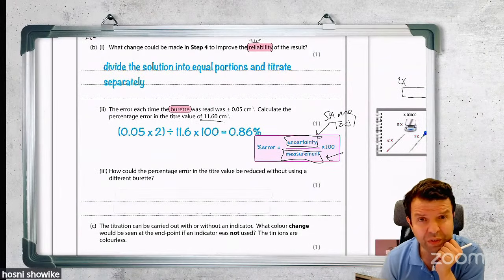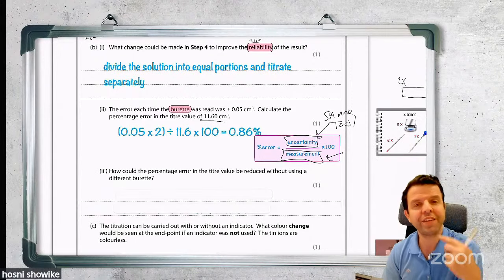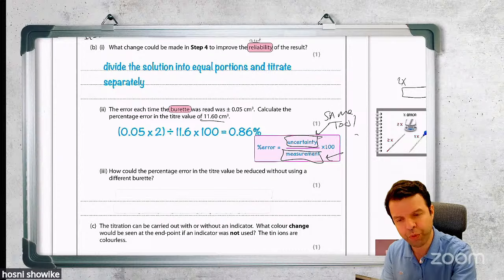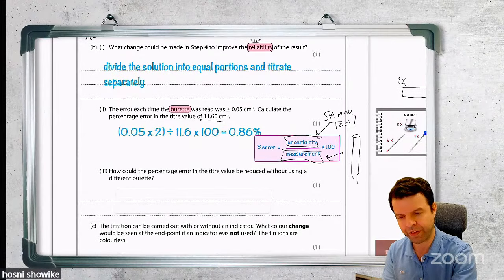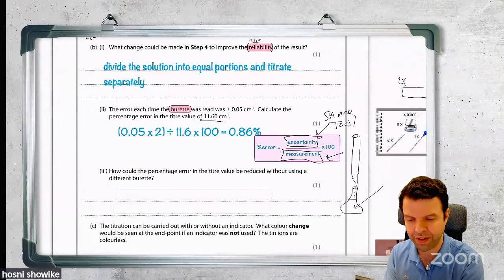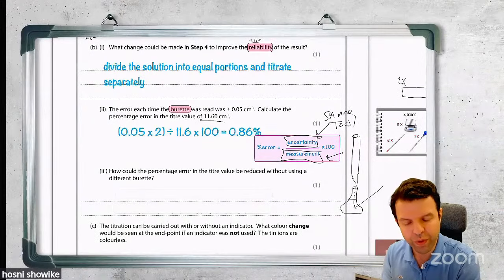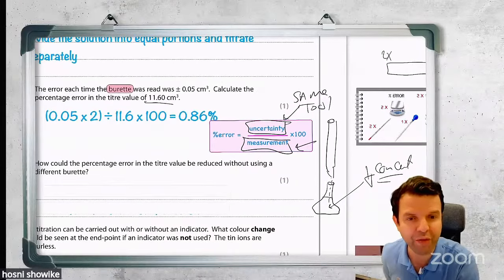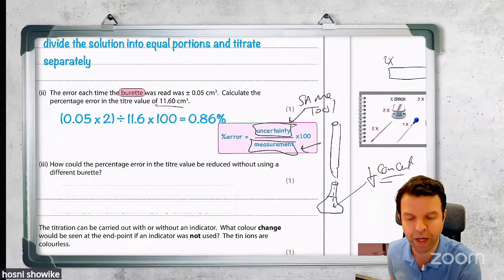How do I increase the volume? It's not me who decides how much volume I'm using in the burette. Look, if this was your burette here, and this is my solution, the one I'm titrating, I can always increase here. I reduce that concentration of it. When I reduce this concentration, what does this mean? What's going to happen every time I'm pouring from my burette?